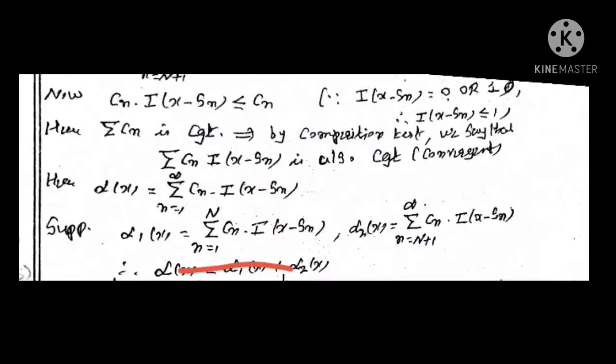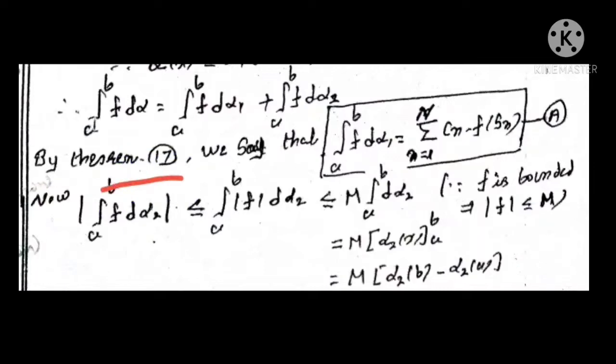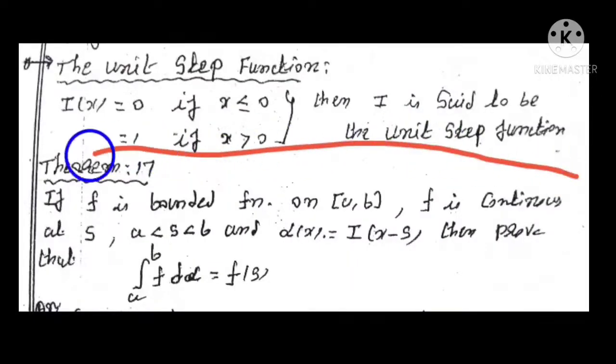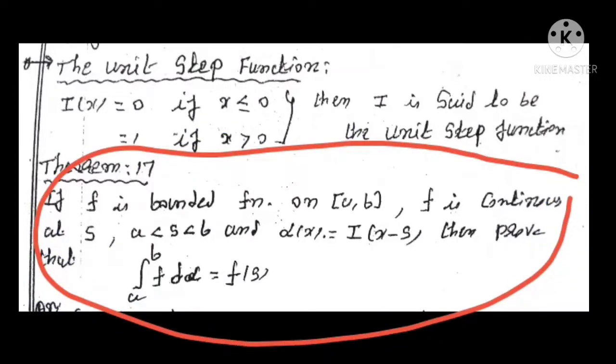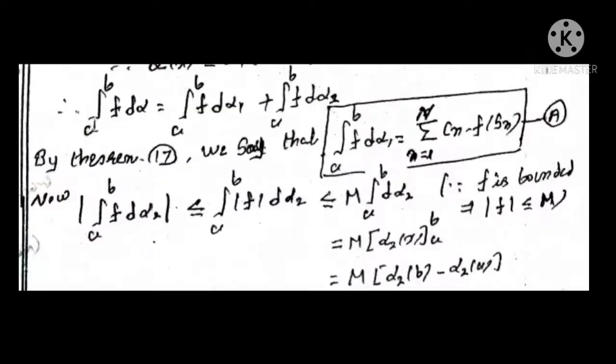By the above theorem, we say that the RS integral of f with respect to alpha 1 on [a, b] is equal to the sum from n equal to 1 to N of Cn times f of Sn.